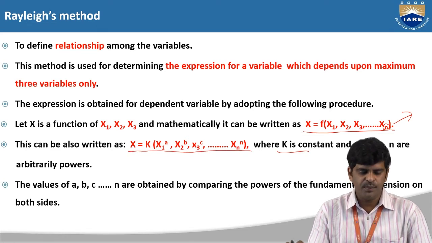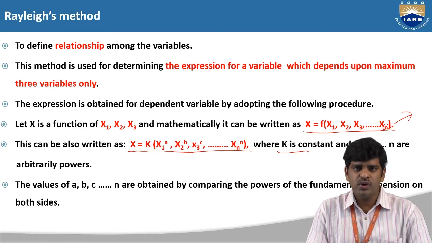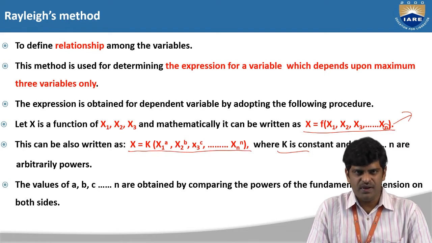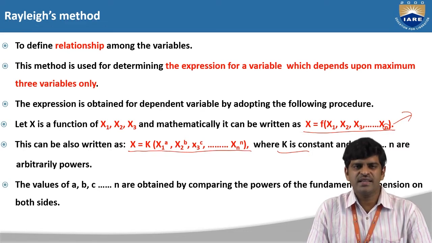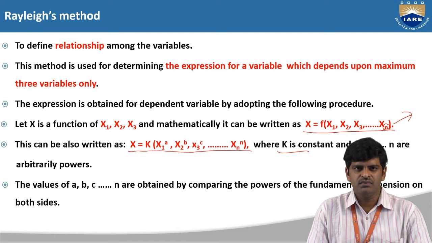It is our main aim to estimate the values of these arbitrary powers. Once we estimate them, we can build the relation between the dependent variable and the independent variable.